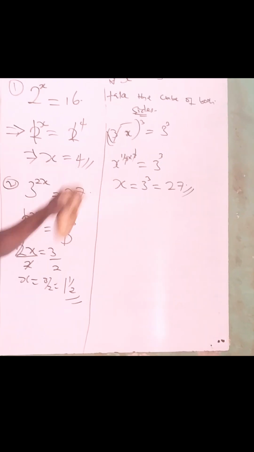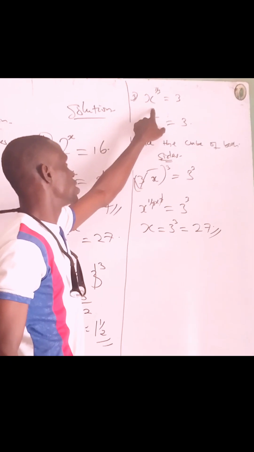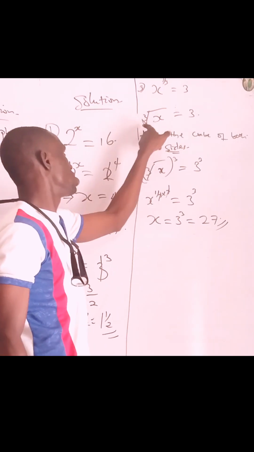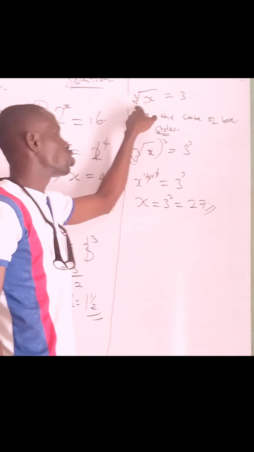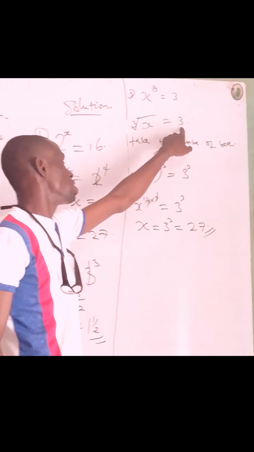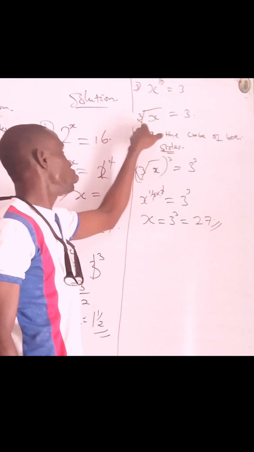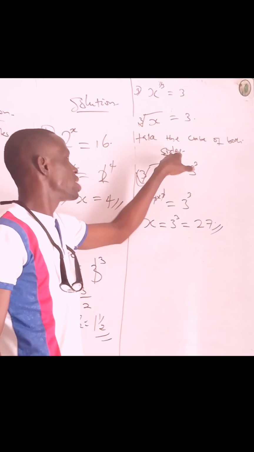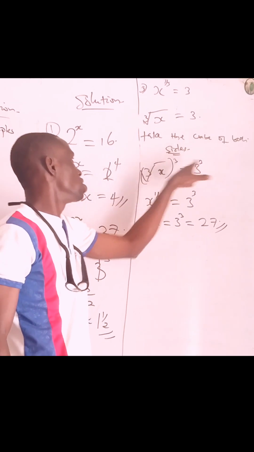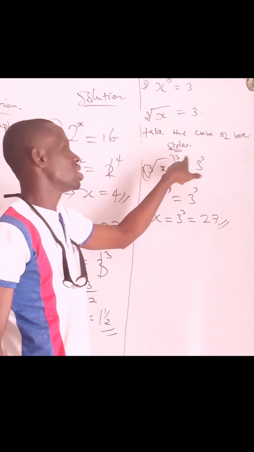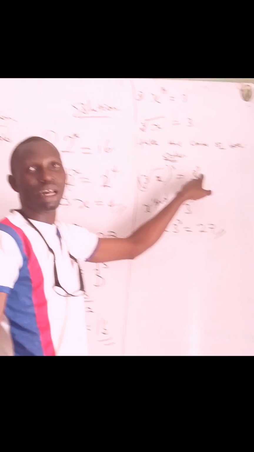I hope you understand. Now, let me come back again. When you have something like this, use the law of indices and bring it to this form. So that's cube root of x equal to 3. Then to get x, you take the cube of both sides. So take the cube of the left hand side and the cube of the right hand side.